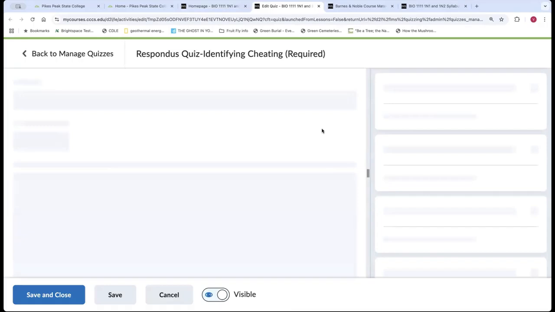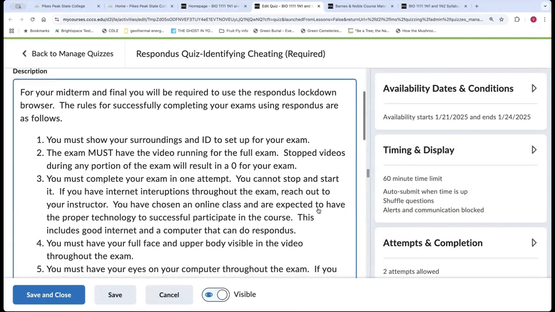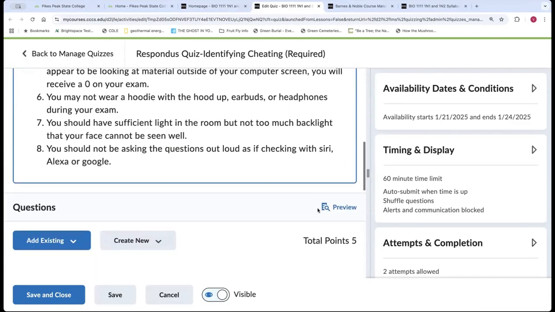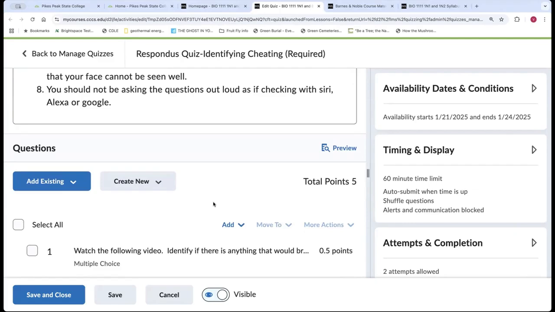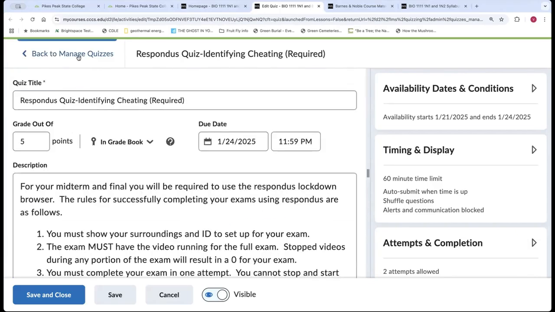Take this Respondus quiz. The thing about the Respondus quiz, it's very general, okay? It'll tell you what to expect for your Respondus, just going through. Then all of the questions, watch the following video. Identify if there's anything, and so on.